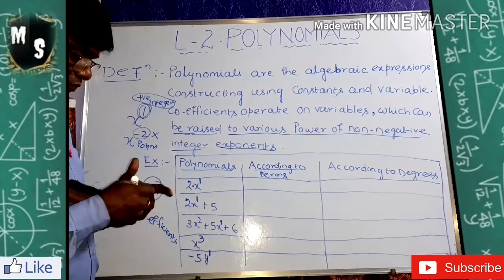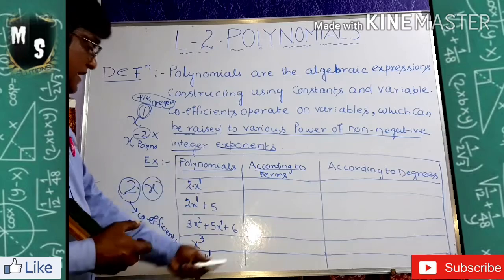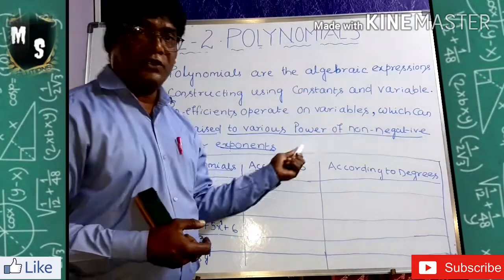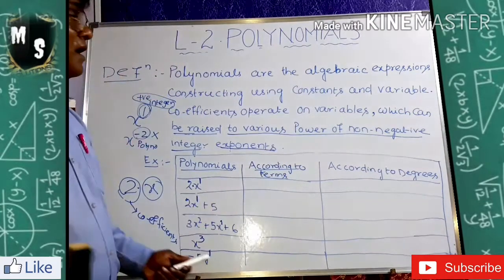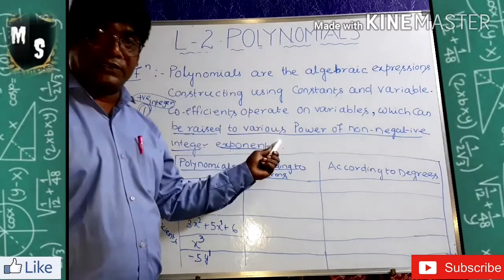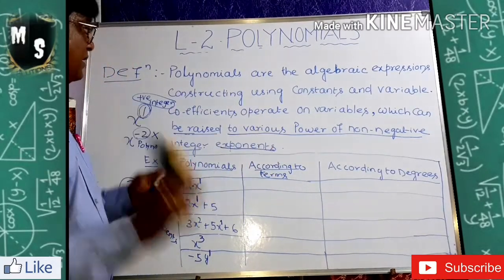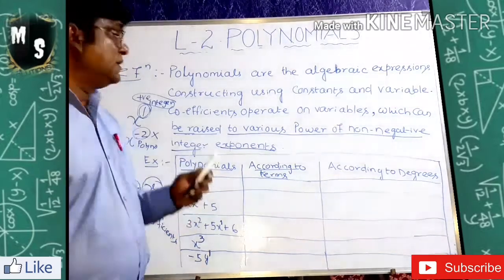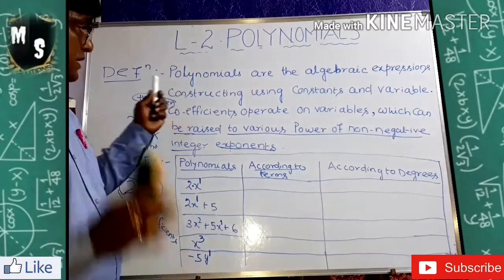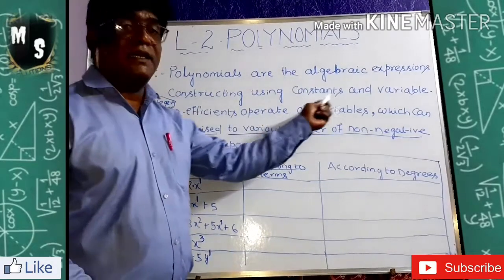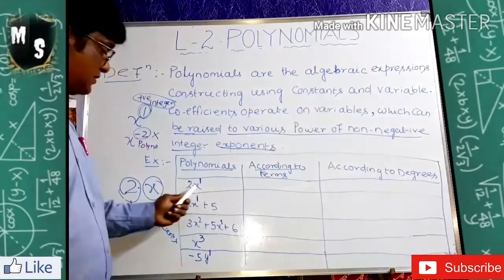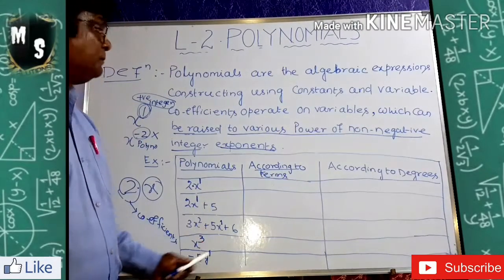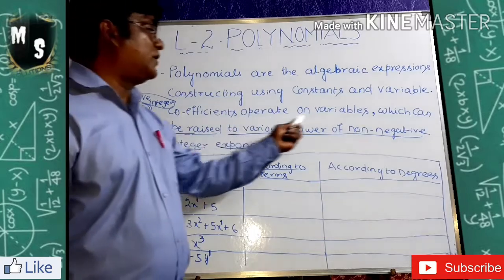So for this reason they are satisfying my definition. These all expressions here are satisfying my definition. They are algebraic expressions constructed with constants and variables, and the coefficients operate on the variables.